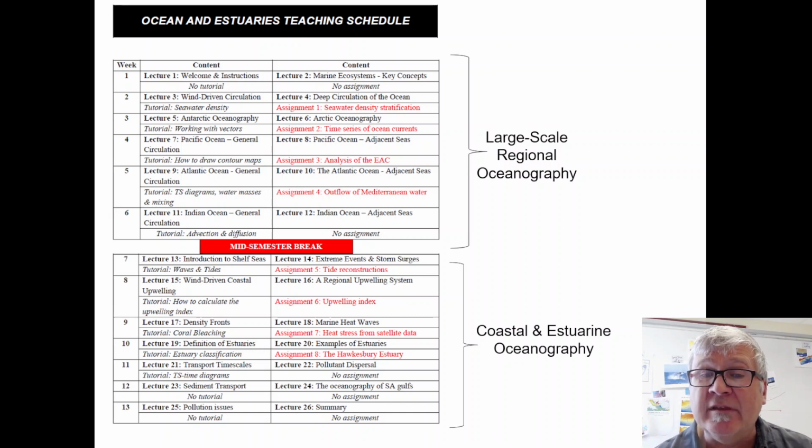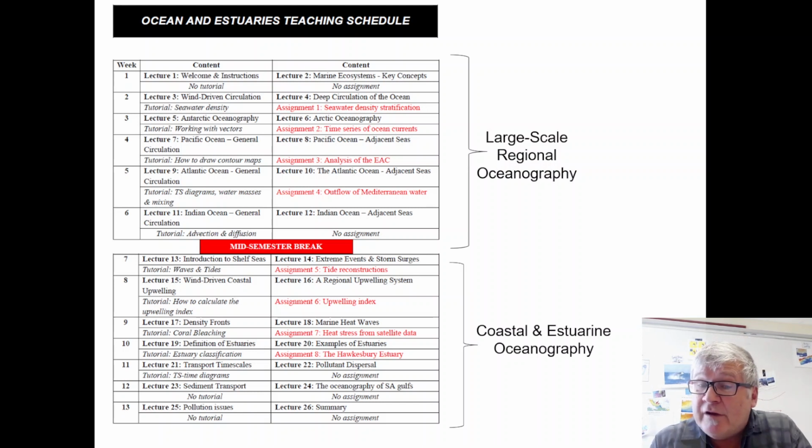Associated with that is a number of assignments. Some are basic assignments, and some focus on particular features like the East Australian Current, and we look at Mediterranean water outflow and so on. After the mid-semester break, we focus on coastal and estuarine oceanography. There's a special focus on the coastal regions and on the rivers connected, the so-called estuaries.